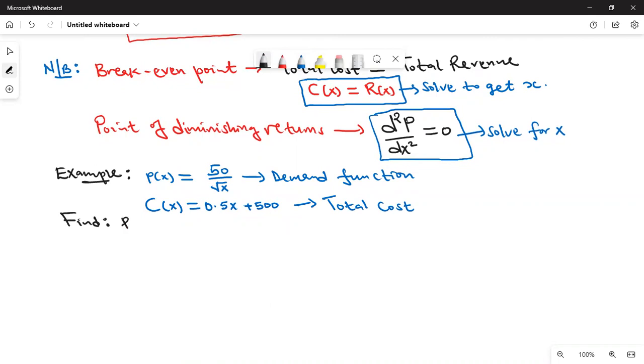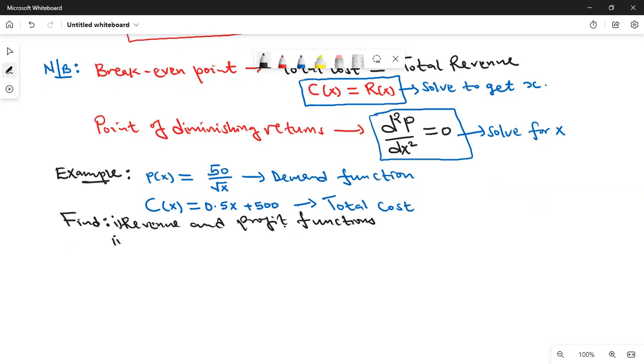the revenue and the profit functions. That's not Roman 1.